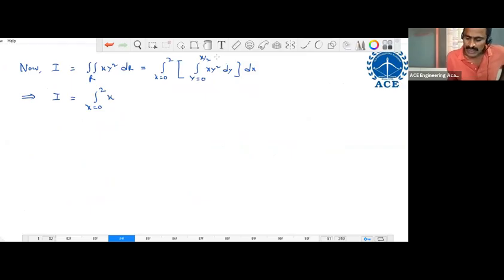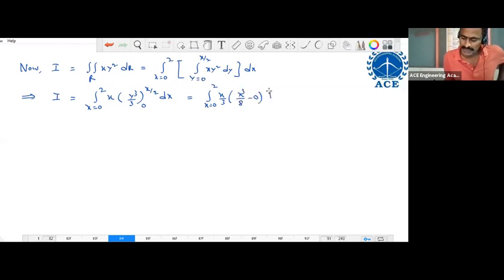Do the inner integral with respect to y by treating x as constant. The integral of y square is y cube by 3, from 0 to x by 2, dx. This is equal to the integral from x equal to 0 to 2 of x by 3 into, in place of y upper limit, x by 2 power 3, that is x cube by 8, minus 0, dx.